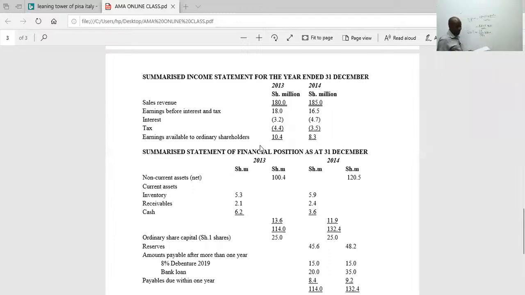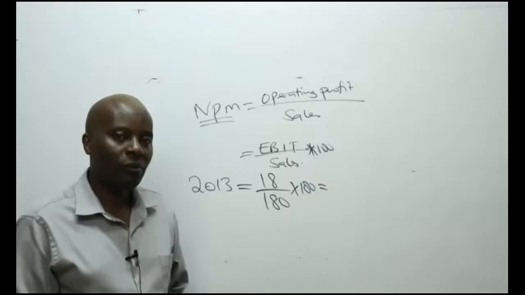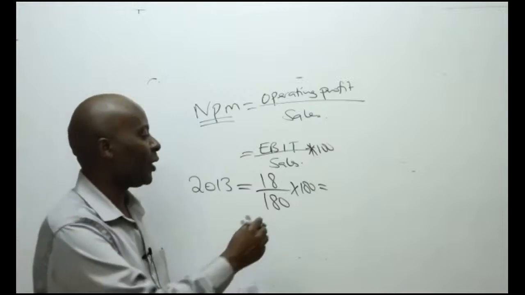So 18 divided by 180 times 100 will give us what figure? 10%, thank you very much.